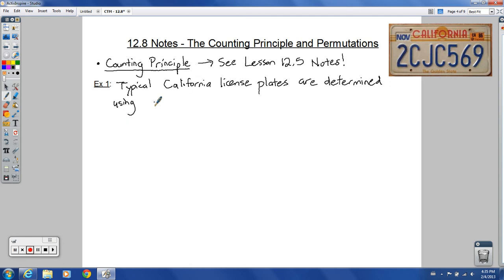Are determined using 1 digit, 0 through 9 are the digits, so 10 digits to choose from, followed by 3 letters. So they did the same thing even back in the day, back in 1986.